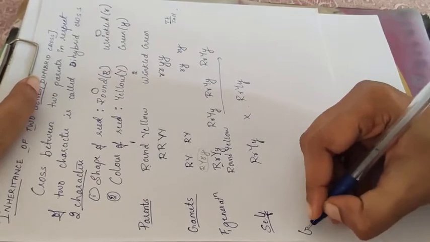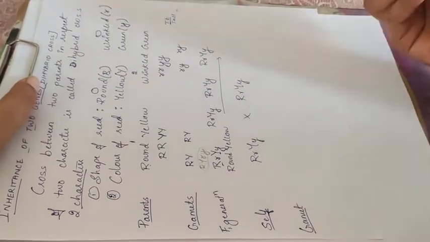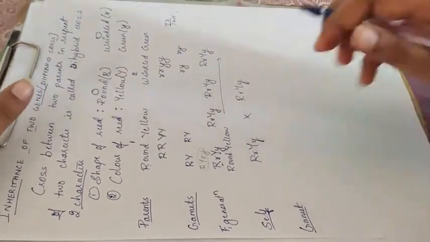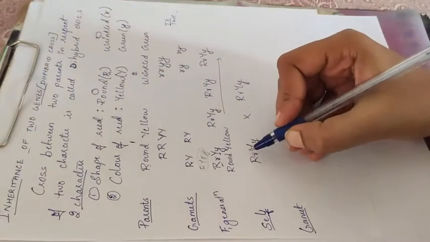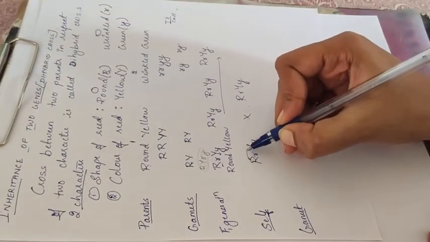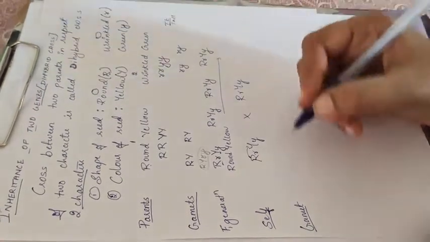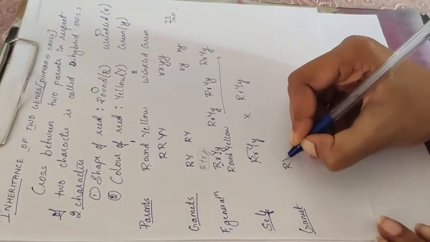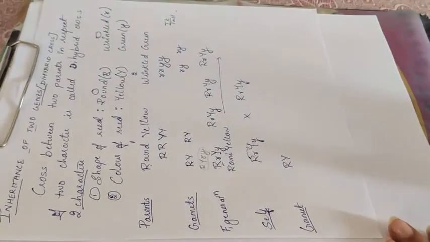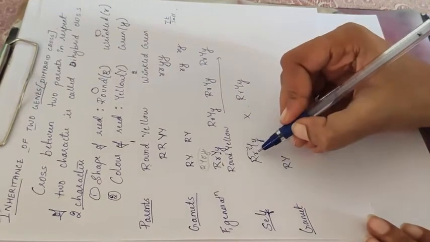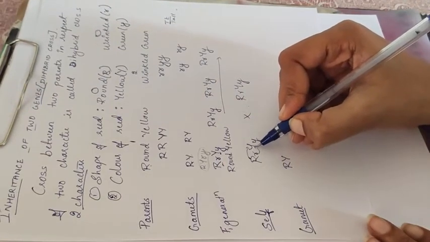Now what gametes are formed? Here, see, first is this R with this. Therefore it is capital R and capital Y. Next is the small r with this.